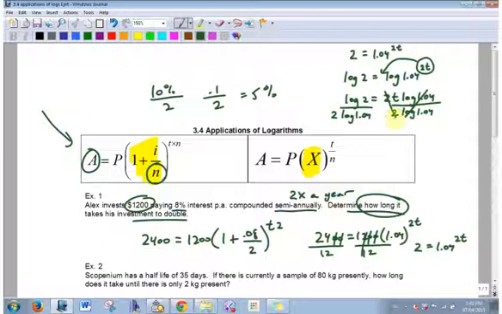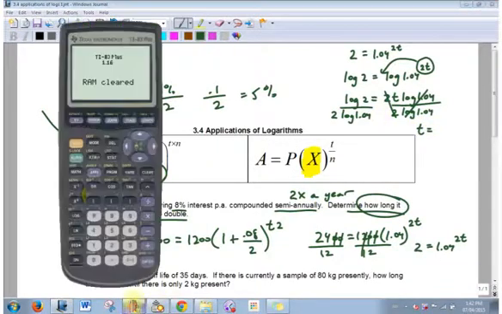Are those logs I can put in my calculator? Yeah, I took log base 10, knowing that I could put that in my calculator. So, do that. Put it in your calculator. t is log of 2 divided by 2 times log of 1.04.